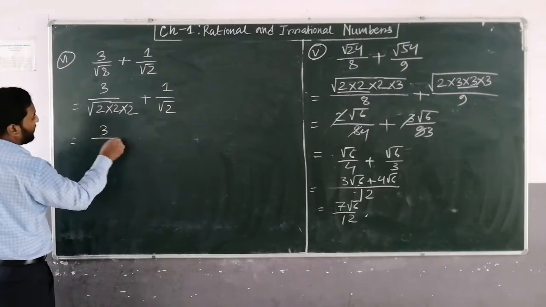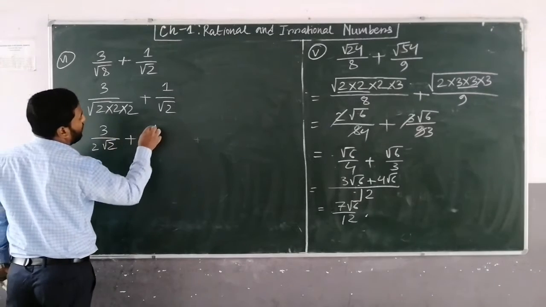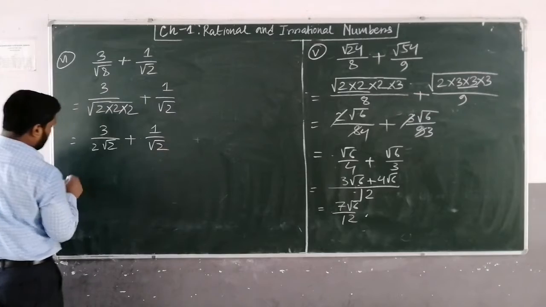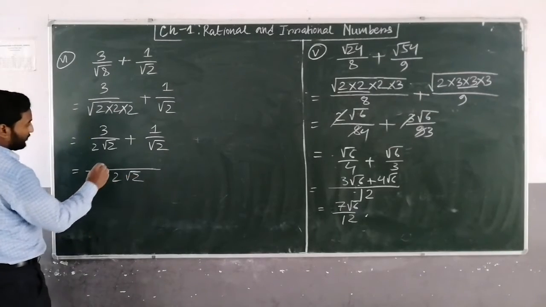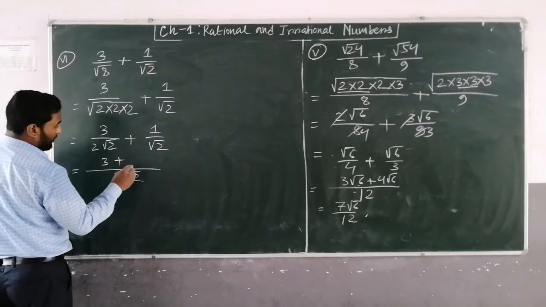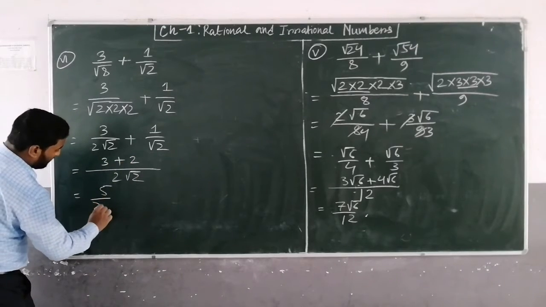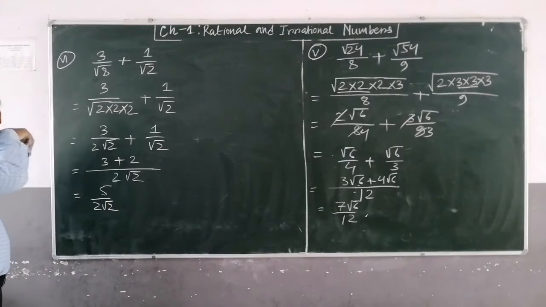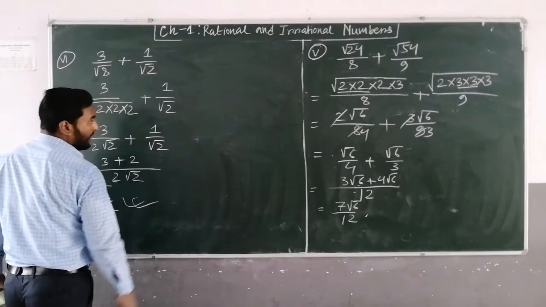So this is 3 upon 2 root 2, because for this 2 will come outside, and 1 upon root 2. LCM is 2 root 2. So 3 plus 2 is 5 upon 2 root 2. Or you can change the denominator also, or you can keep this answer as it is.